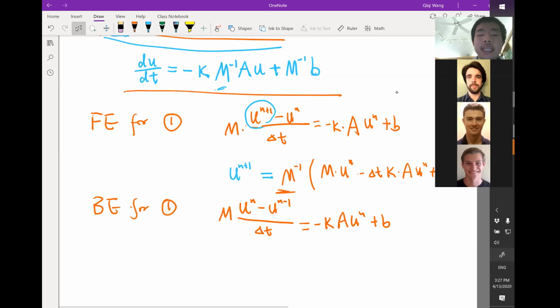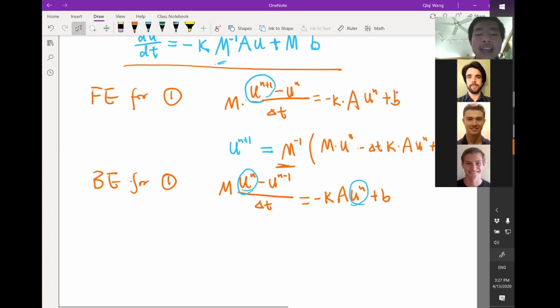So the unknown here is u^n on both sides. Normally that means you would have to invert a matrix, even if the forward order doesn't have to invert a matrix. But here you have to invert a matrix anyway. Using backward order wouldn't require you to invert any more; you just invert a different matrix, still once, right?